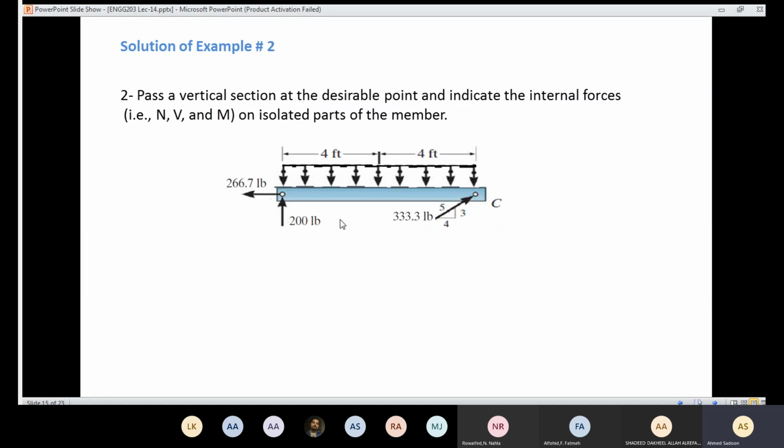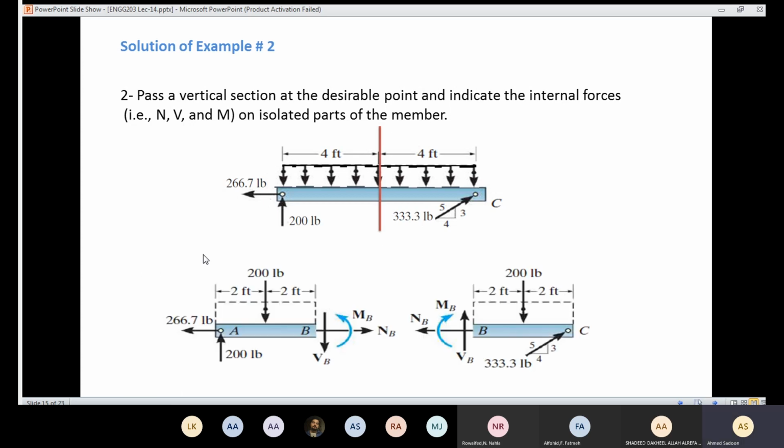So please, when you finish with step number 1, do not use the resultant force as equivalent to that rectangular distributed loading. Okay, now we are going to cut here. I'm going to get the left part and right part. Then now you can convert the distributed loading for that part into a single resultant force.